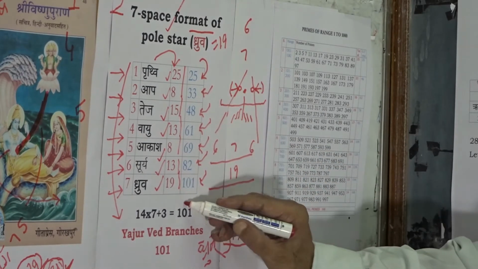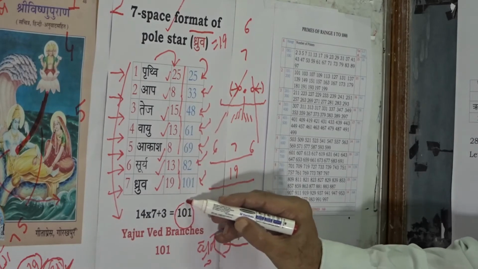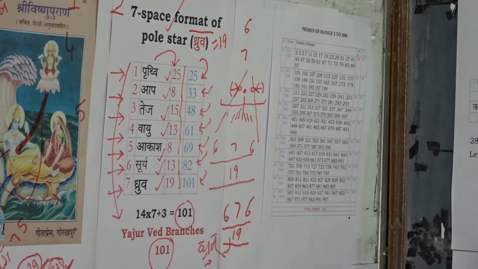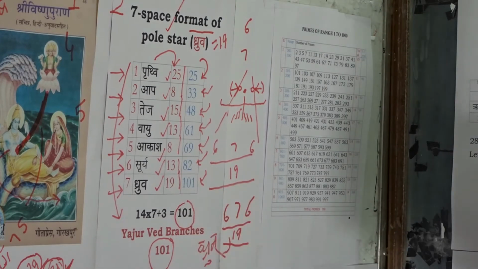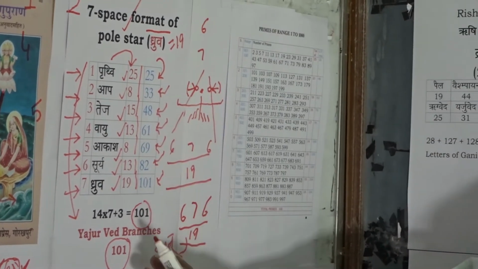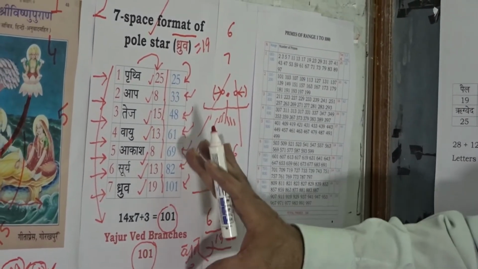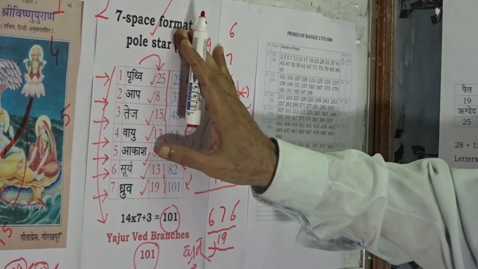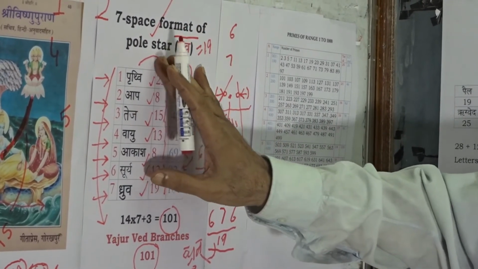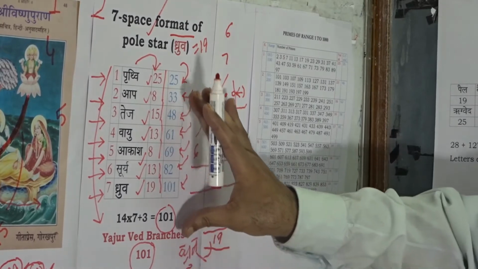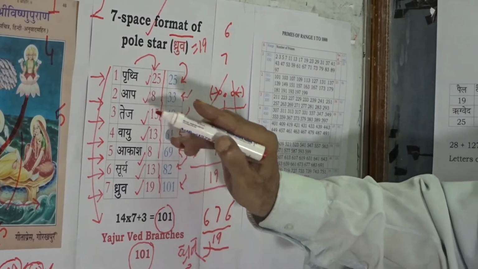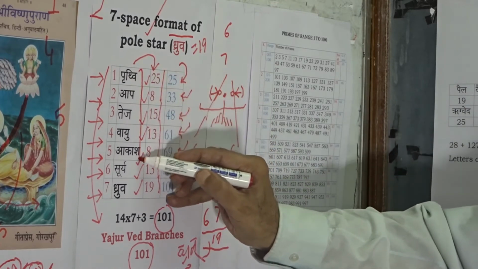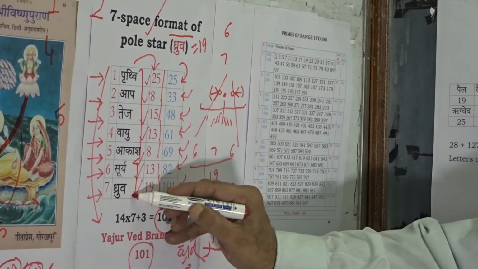See, this value 101 is parallel to the Yajurveda branches. There are 101 branches of Yajurveda. The 7 space format of pole star has a reach in 7 steps as 5 Mahabhut, sun and the pole star.